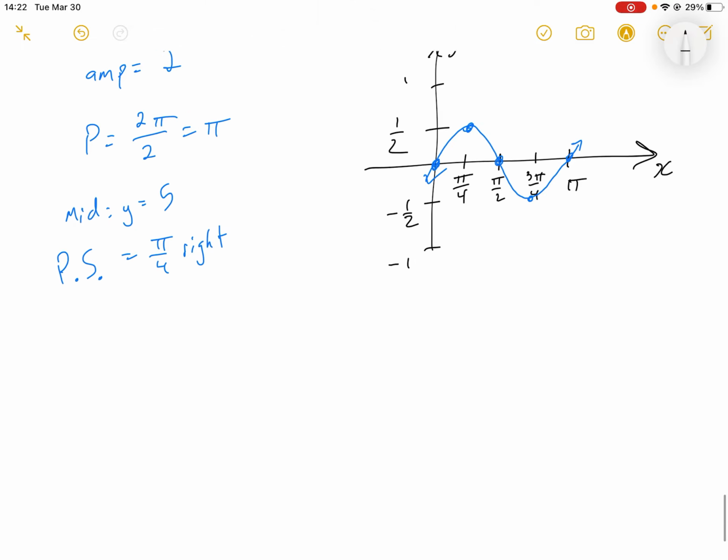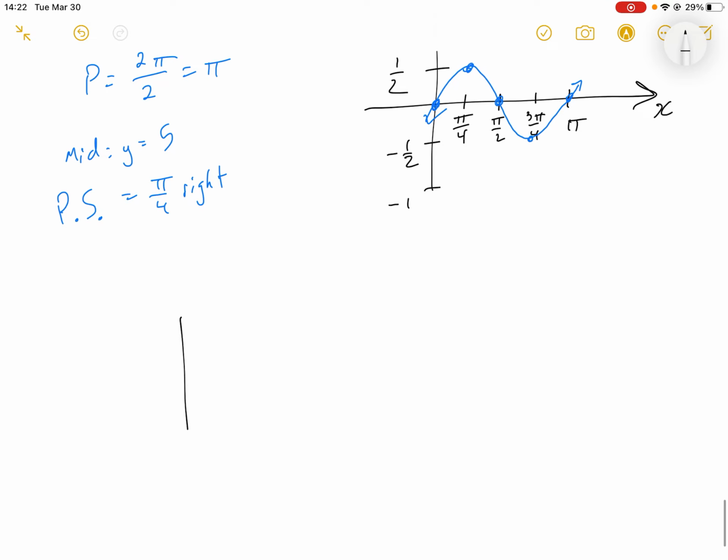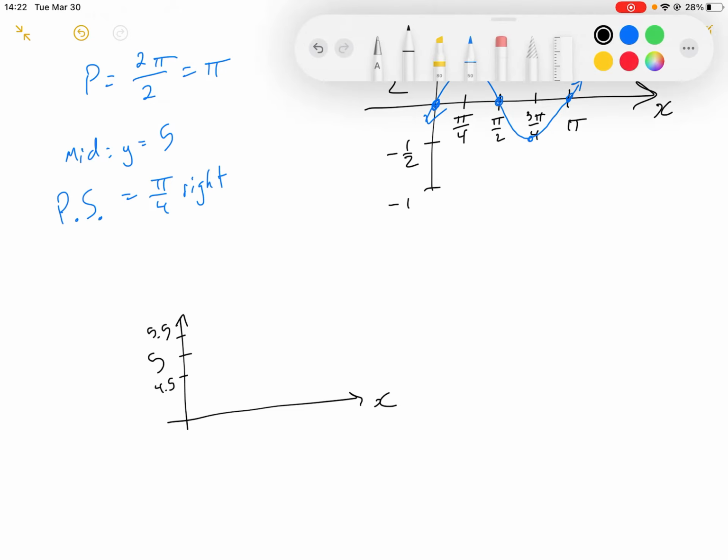Okay, now we have to shift this up 5. So let's go ahead and do that. I'm going to go up here to 5, and let's say this is 5.5, and then let's say this is 4.5, because I'm going up and down by 1/2.